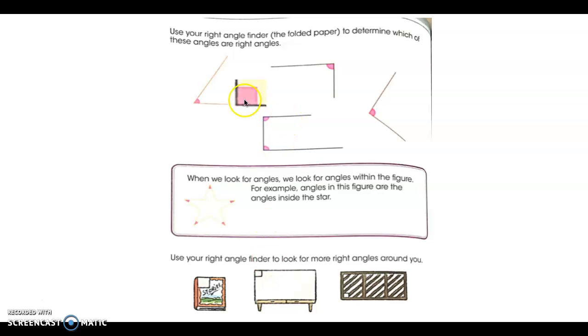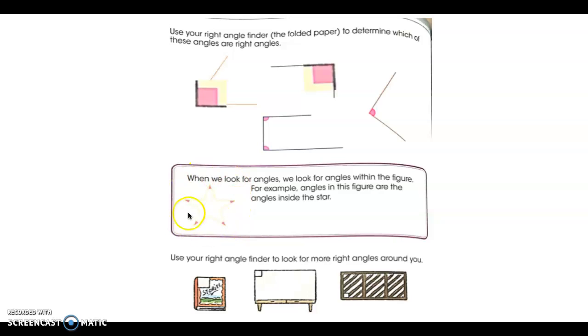For example, let's bring it here. This is the checker. Let's check with this angle. Of course, that's not 90-degree, right? But if we check from here, yeah, that's a 90-degree. You can check with these two. That will appear 90-degree.